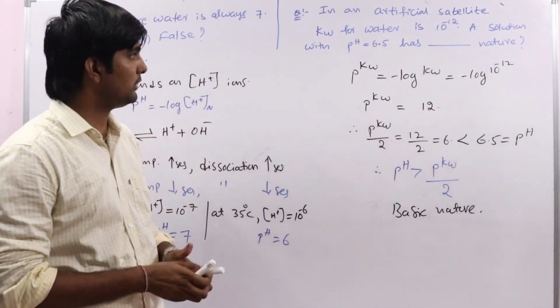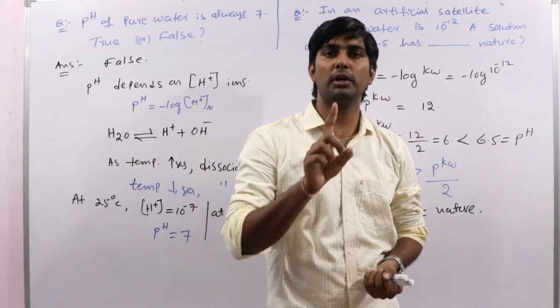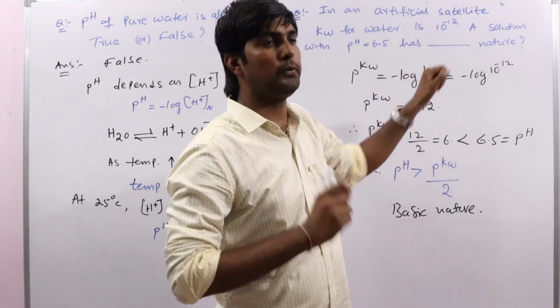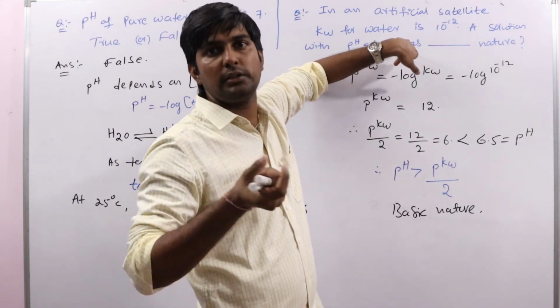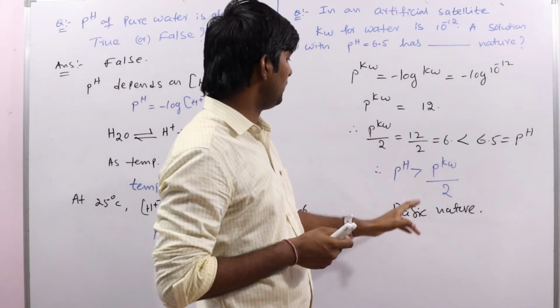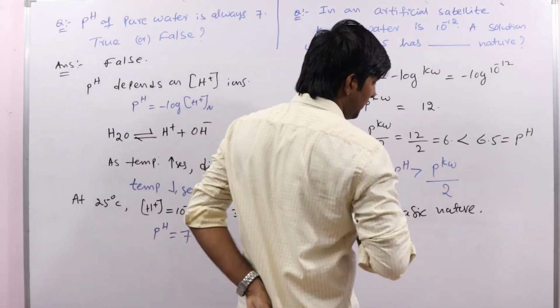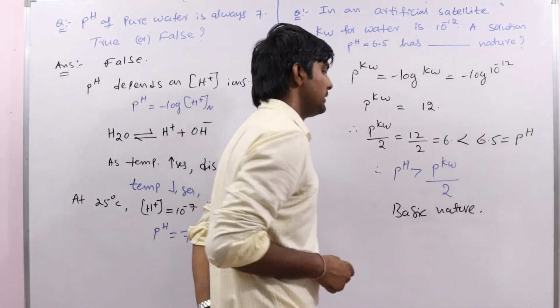Generally we think that if pH is less than 7 it is an acidic solution, but that is not correct. Only when Kw is 10 power minus 14 is that correct. pH less than 7 means acidic, but it depends upon the Kw value. Here pH is greater than pKw by 2, so that's why it is basic nature.